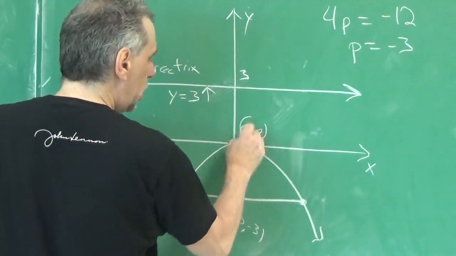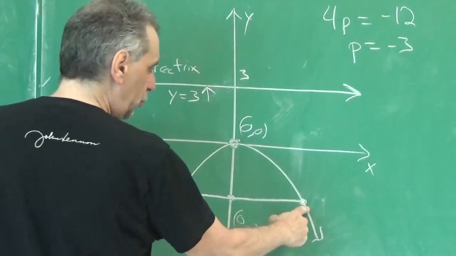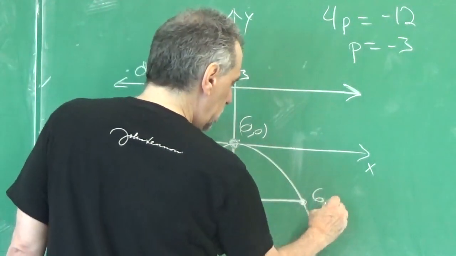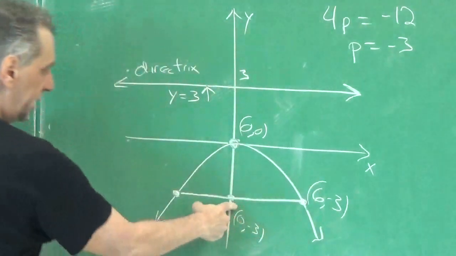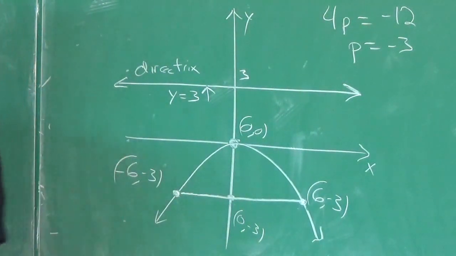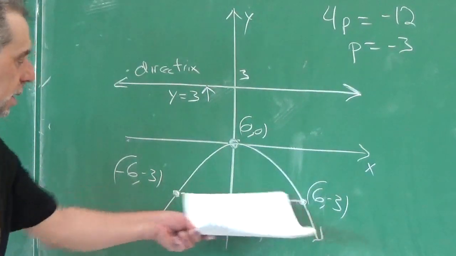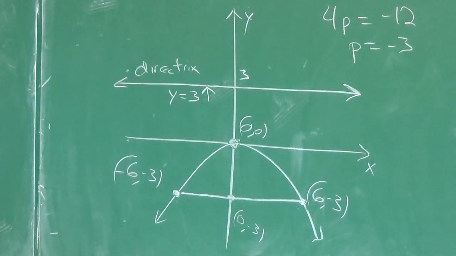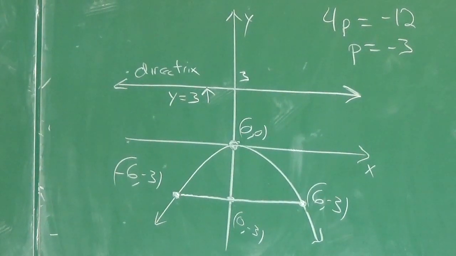Center at 0, 0. So 6 units to the right gives us 6, negative 3, 6 units to the left, negative 6, negative 3 are the endpoints of the latus rectum. And that's everything we need.